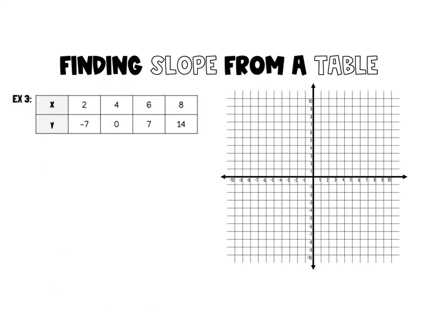Okay, so looking at this example, we're going to follow the same thing. We have our slope is the change in y over the change in x. So I'm going to first look at my change of x because it is on top, it's listed first, and I like even numbers so I can easily see my change.